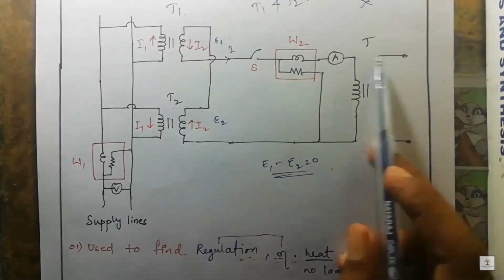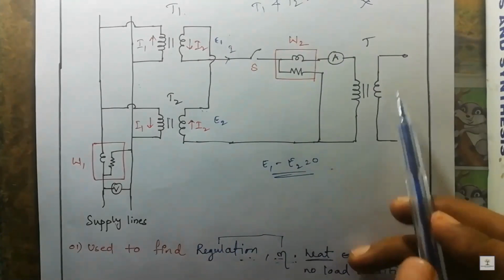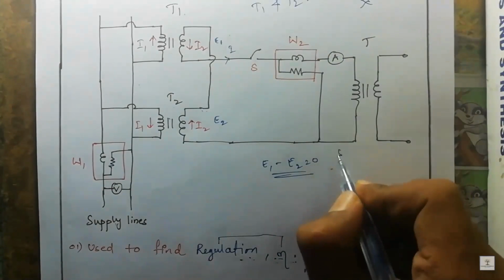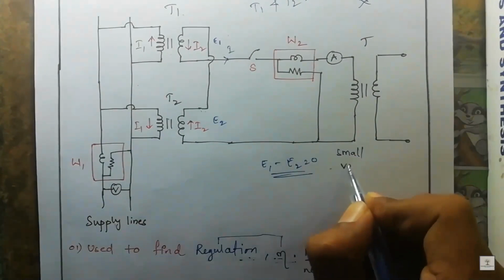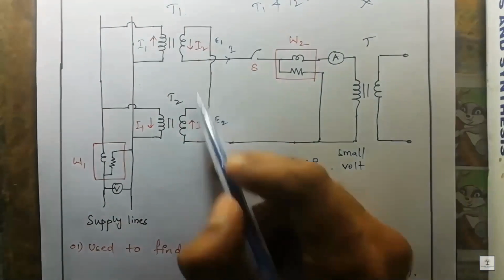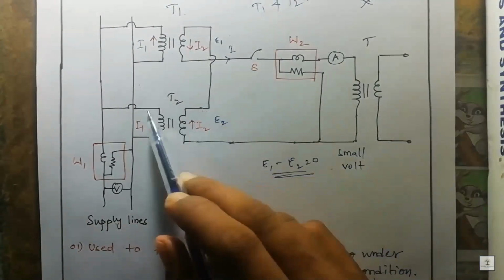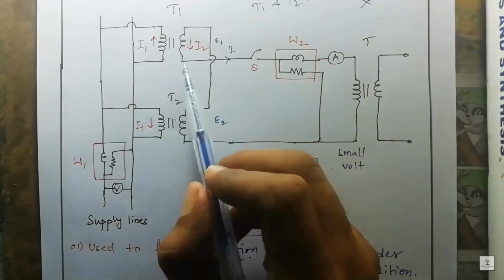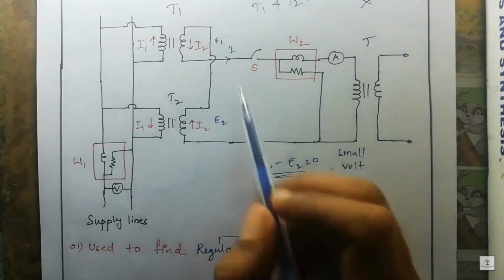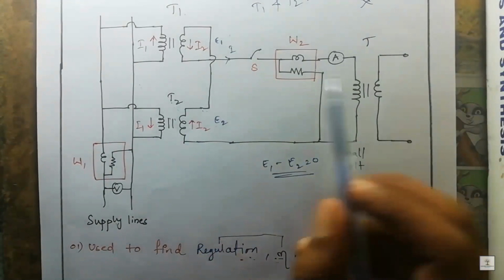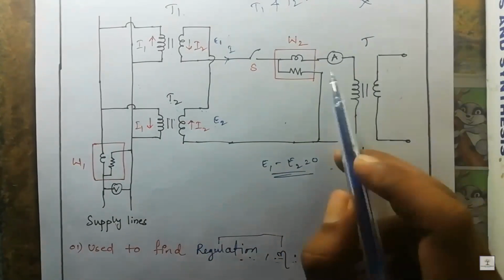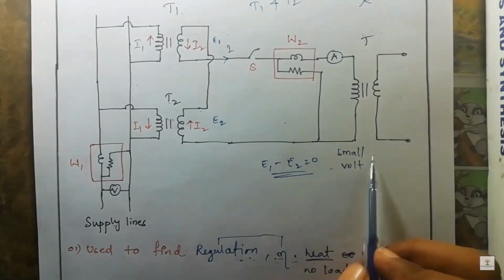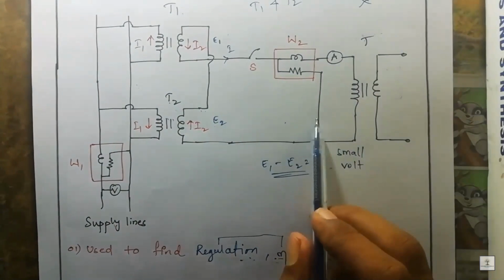Here, if you observe, there is another transformer connected. This transformer is used to supply a small voltage to the secondaries of T1 and T2, because at first there is EMF, but they are in opposition. So in order to provide some additional EMF, we are using this transformer, denoted by T. It will supply some small voltage.